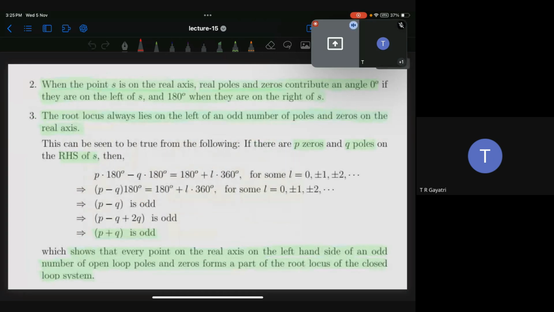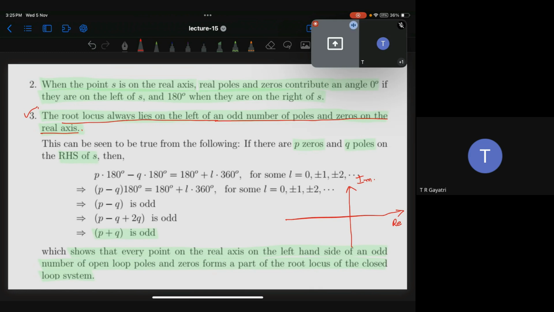An important point here is this one. The root locus always lies left of an odd number of poles and zeros on the real axis. It means that this is the real axis, this is the imaginary axis.